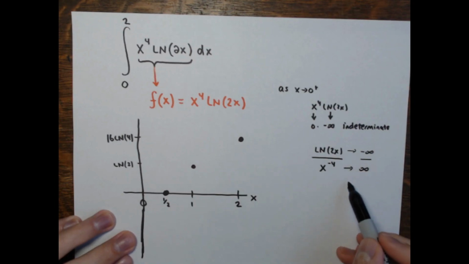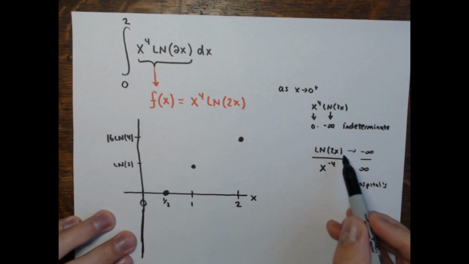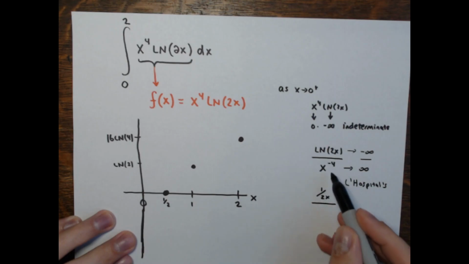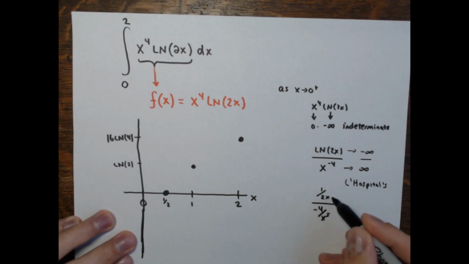And now I can apply L'Hopital's rule, taking the derivative of each of these with respect to x. So you'd have 1 over 2x in the numerator and negative 4 over x to the fifth in the denominator. And I multiply by the reciprocal here.